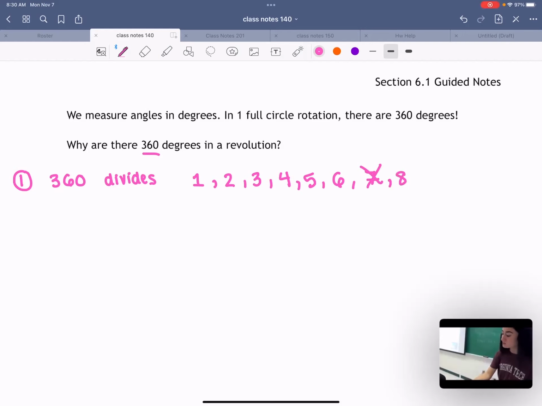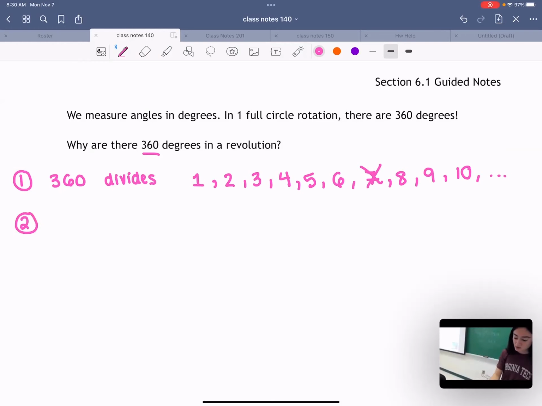But it is divisible by 8, 9, even 10, and so on. Okay, so it factorizes really well, which means it's very useful. So dividing a circle in many different ways is really important, especially when we're dealing with angles and things like that. So that's one of the reasons why we use 360.